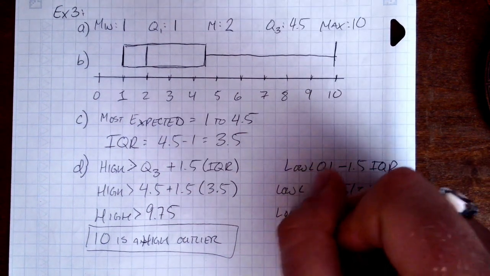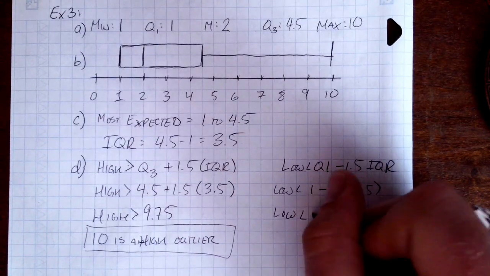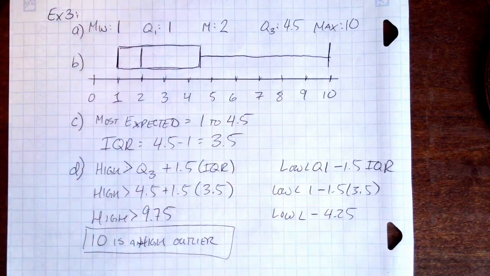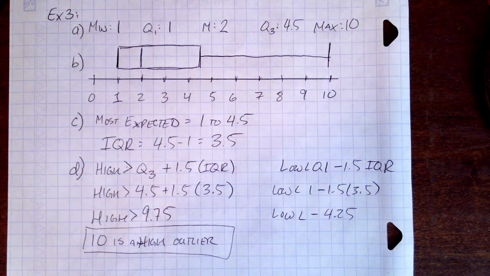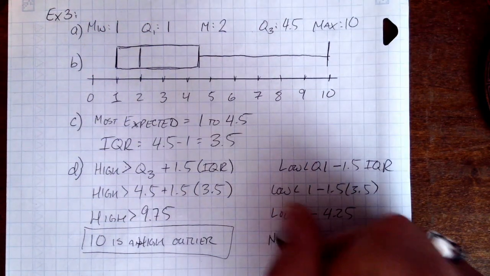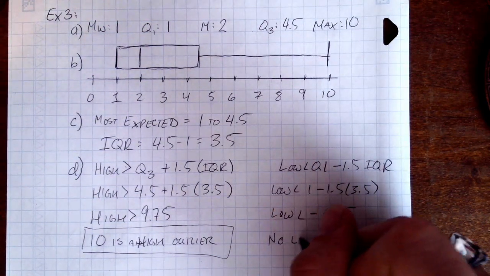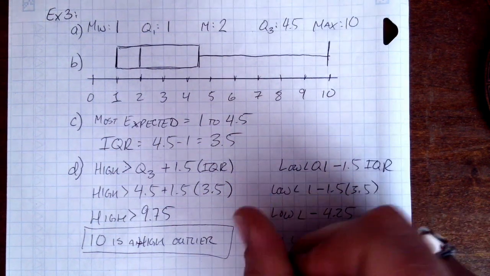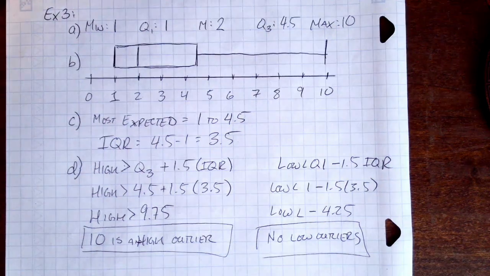And since you cannot score less than 0 points in a game, negative 4.25. I mean, I suppose that you could score a goal for an own goal, and a goal for the other team, but there are no low outliers in this data set. And that's example 3.